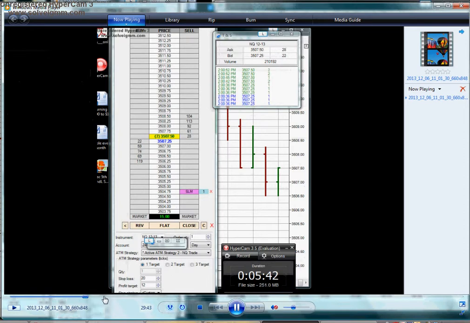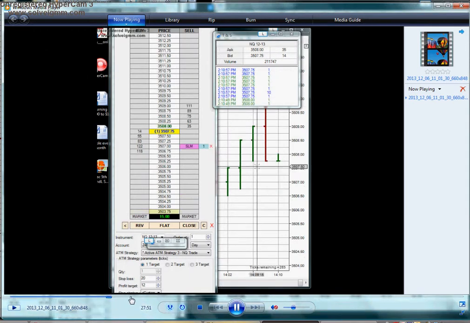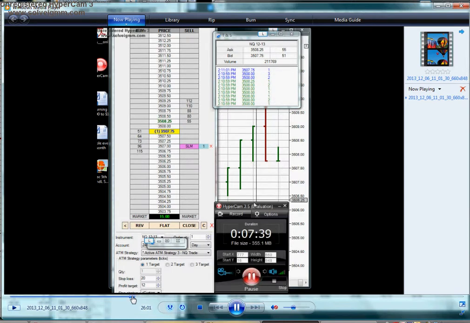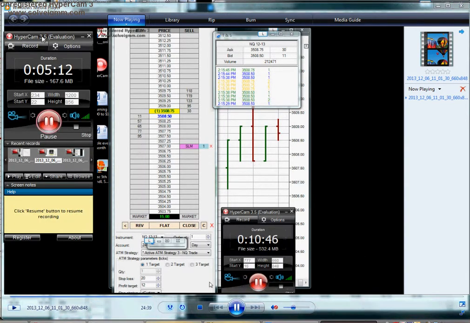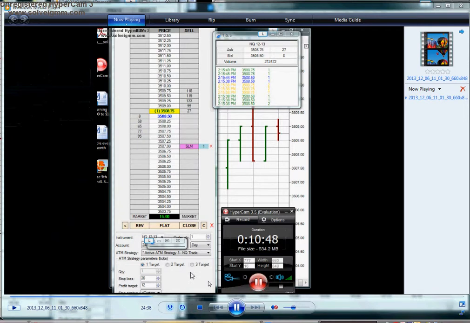I was trying to get in one, but it never did go down there and fill me to keep moving forward down. Just try to find that trade. Get that out of the way.